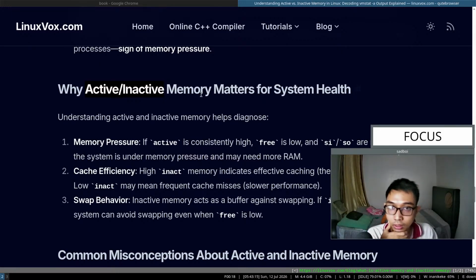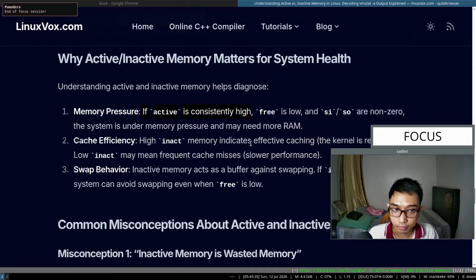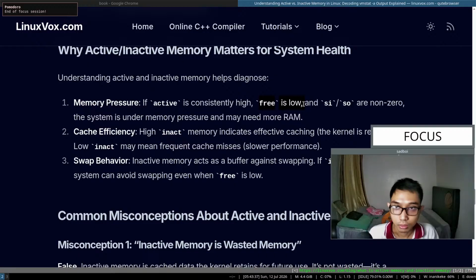Why active or inactive memory matters for system health. Understanding active and inactive memory helps diagnose memory pressure. If active is consistently high, free is low, and si or so are non-zero, the system is under memory pressure and may need more RAM.